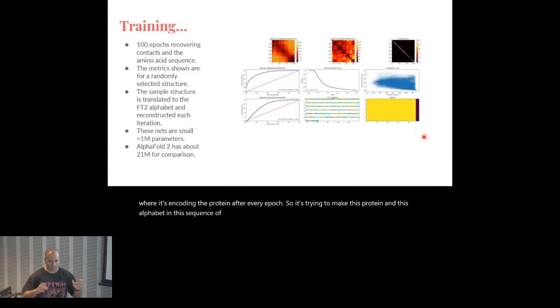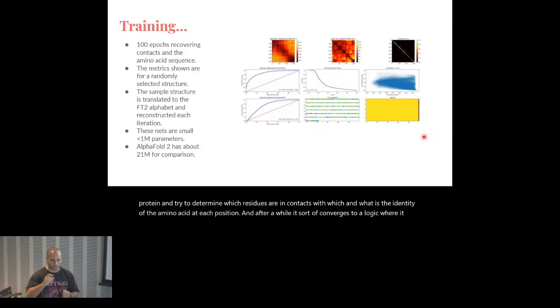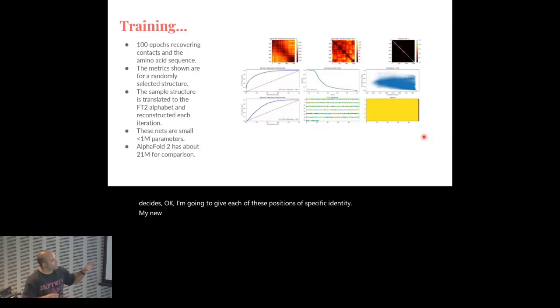And then it's going to use a local window along that protein and try to determine which residues are in contact with which, and what is the identity of the amino acid at each position. And after a while, it converges to a logic where it decides, okay, I'm going to give each of these positions a specific identity in my new alphabet, which allows you to learn a little bit about the structure and the sequence as well. So it's got that information stored in there.